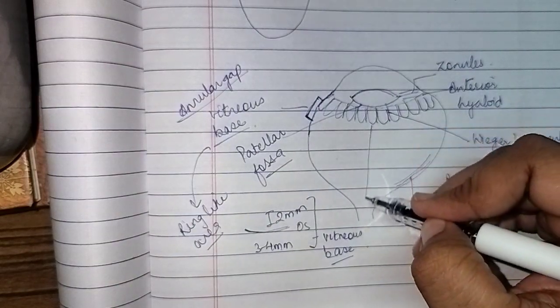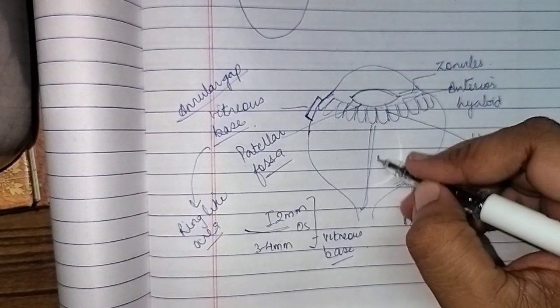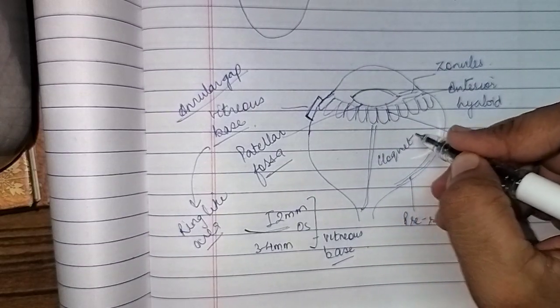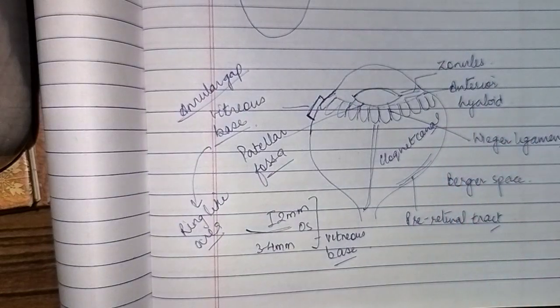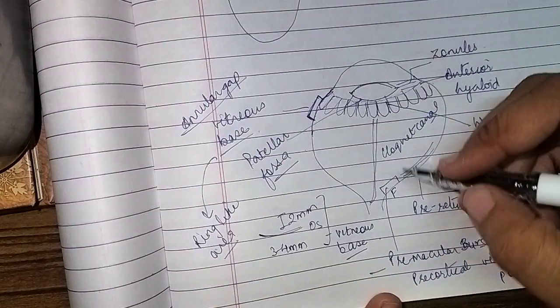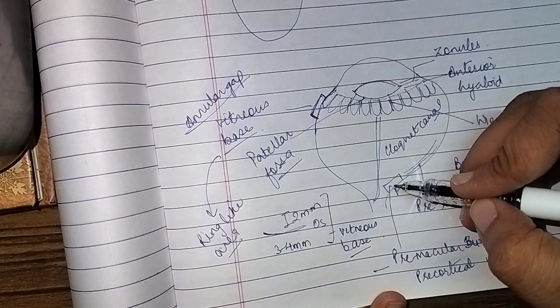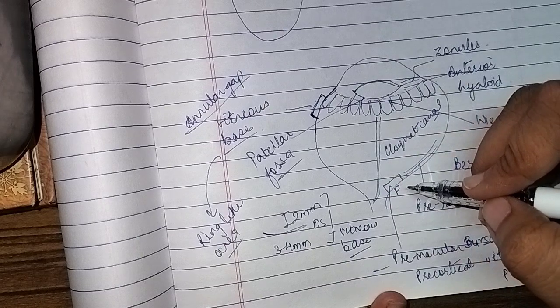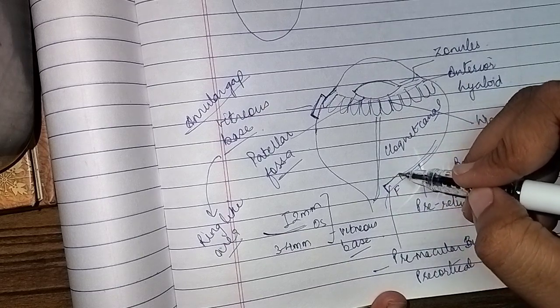Posteriorly runs the Cloquet canal. This is the Cloquet canal. What happens is that the area where the posterior vitreous is attached to the macula, there is a loose area.